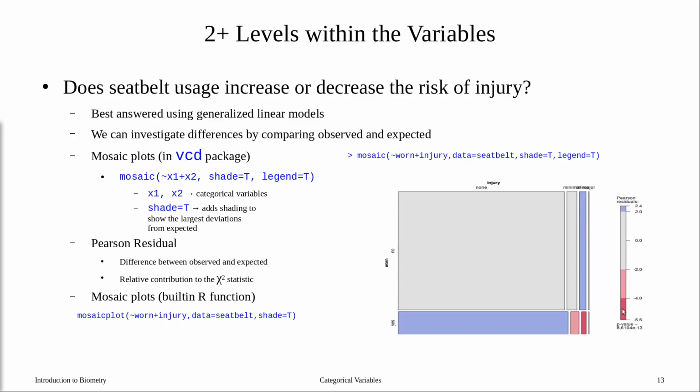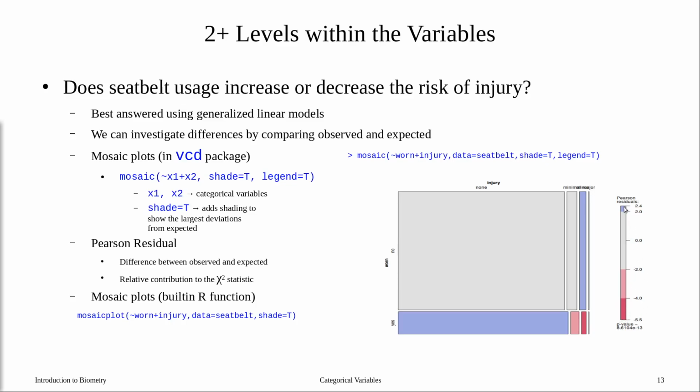If we're into the pink and the red, that means we're seeing less than what we expected. So when we wear a seatbelt, we see very much less of these more major injury categories than what we actually expect. So the blue means we're seeing more than what we expect. The red is we're seeing less than what we expect. What's important are the darker shades.